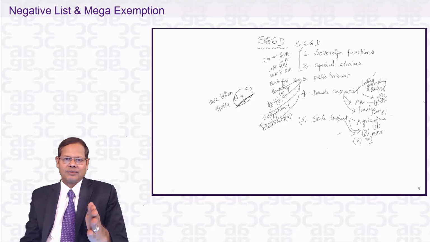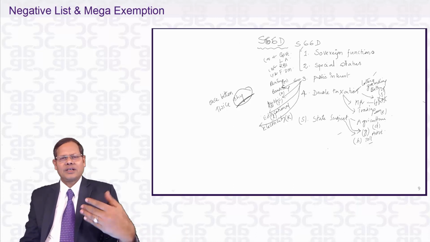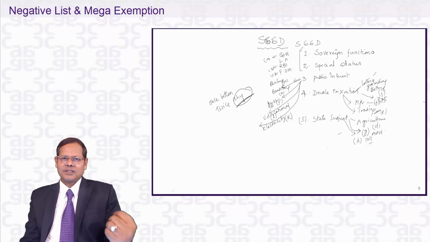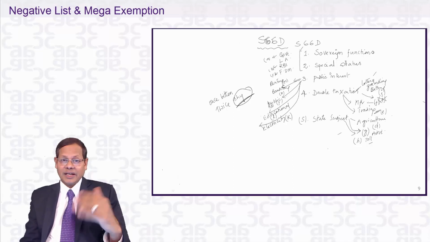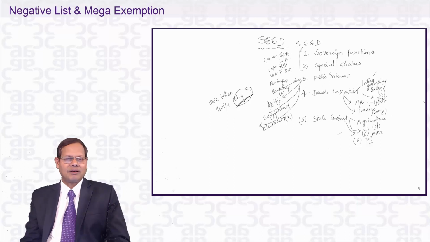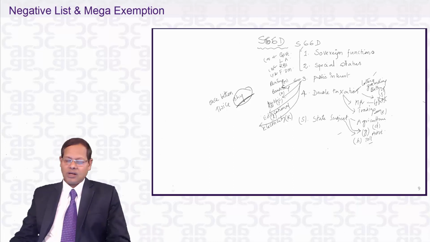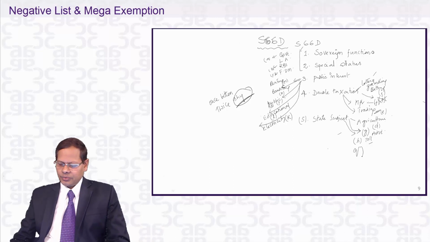After death, whatever services are provided, funeral services, transport services, etc., everything is free, meaning it is under the negative list. Till death, whatever services there are, they are not covered under this. That is last but not least, that is under Q.